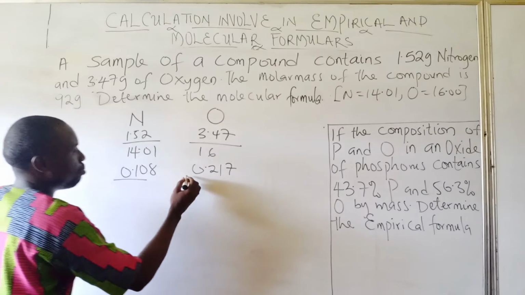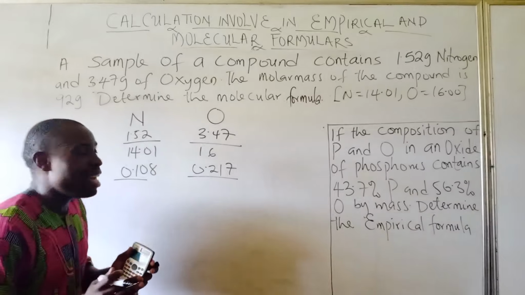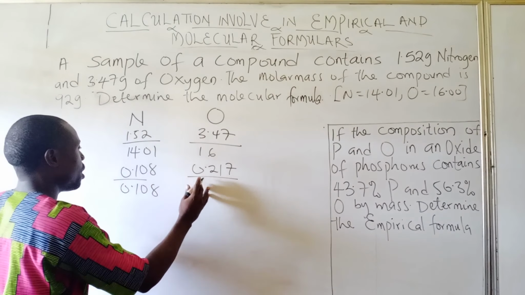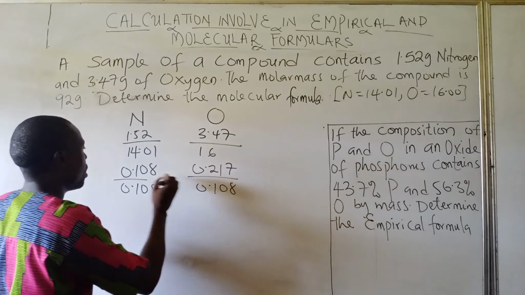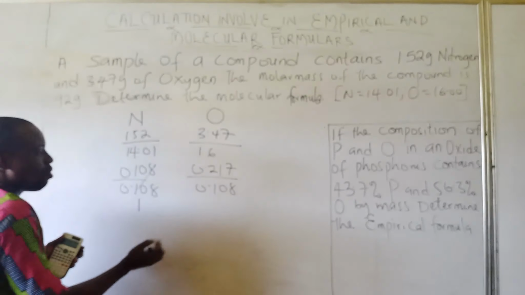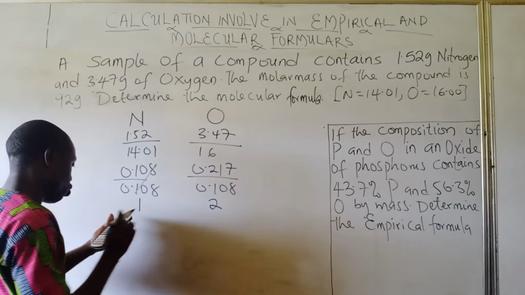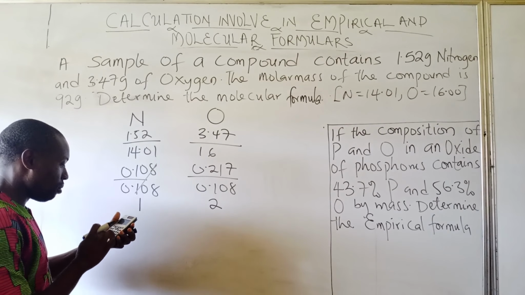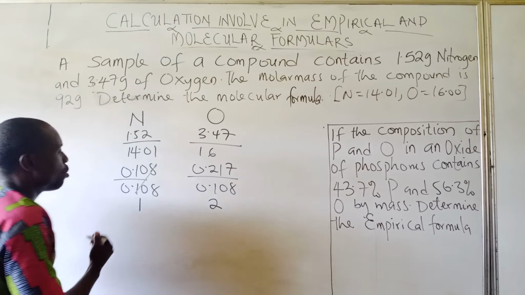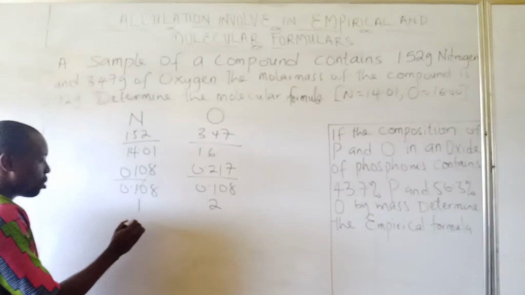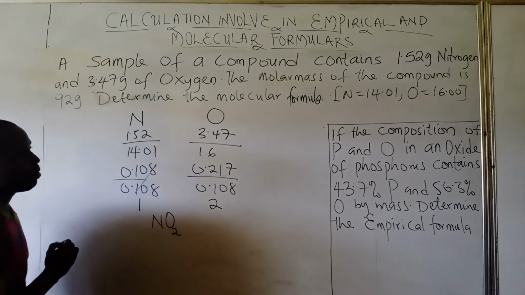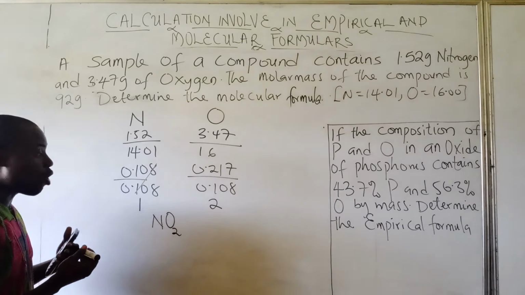So you divide both by the smallest, which is 0.108. Here will give me 1, while here will give me 2. So the empirical formula becomes NO2. NO2, that's the empirical formula.